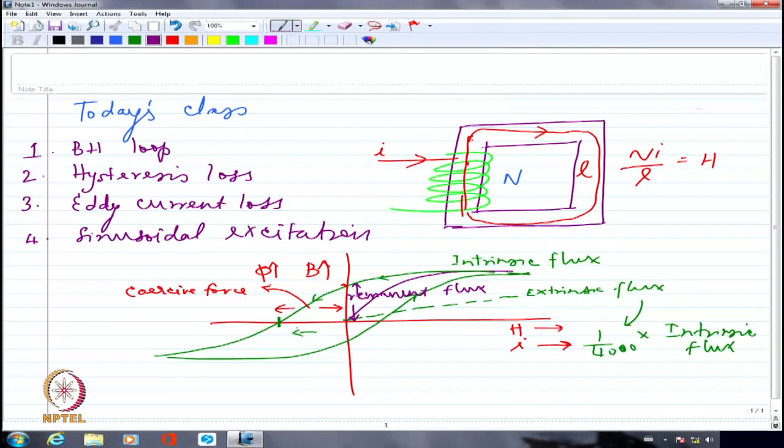So it is manifested as an energy loss, known as the hysteresis loss. Hysteresis loss is due to the fact that we have a ferromagnetic material in the form of a core, and it has certain domains which are obstinate, and we are spending enough energy in aligning and realigning them over every cycle.